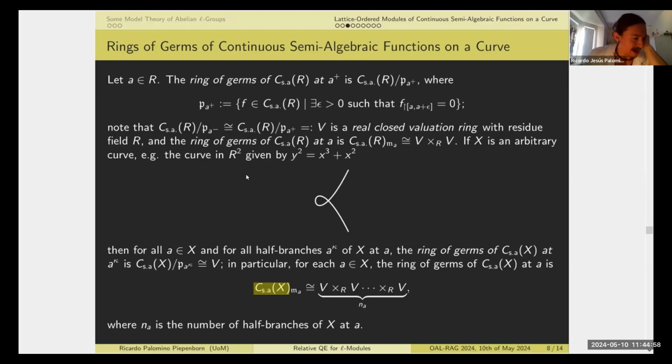And the fact that all quotients modulo minimal prime ideals are real closed valuation rings, and that moreover all such rings are isomorphic, is an extremely strong property that I'm using all throughout. You don't have this property anymore for continuous semi-algebraic functions on an arbitrary two-dimensional set, but you do have it in certain real closed SV rings of finite rank. That would be the direction in which I would venture into generalizing this.